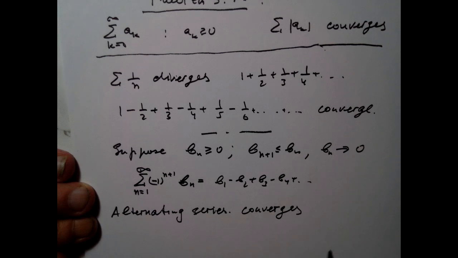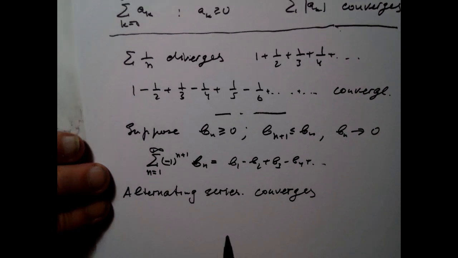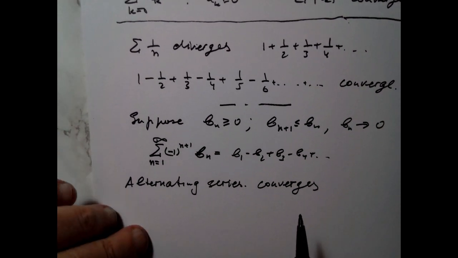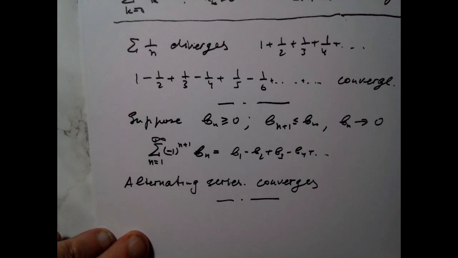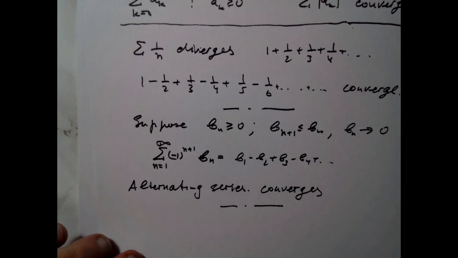That is, if all these conditions are met, the terms b_n are positive, b_{n+1} is less or equal than b_n, so the b_n's are decreasing, they tend to 0, and if I form a series of this particular type, it's not the series of b_n, it's the series of b_n where the signs in front of b_n's alternate, then this particular series would converge. Okay, so this is the theorem, and I'm going to try to do a proof of this theorem.